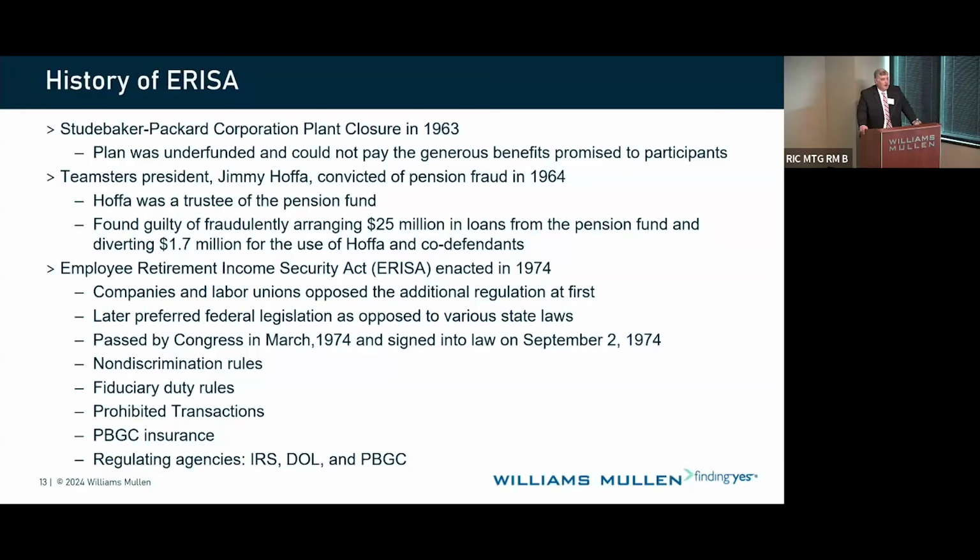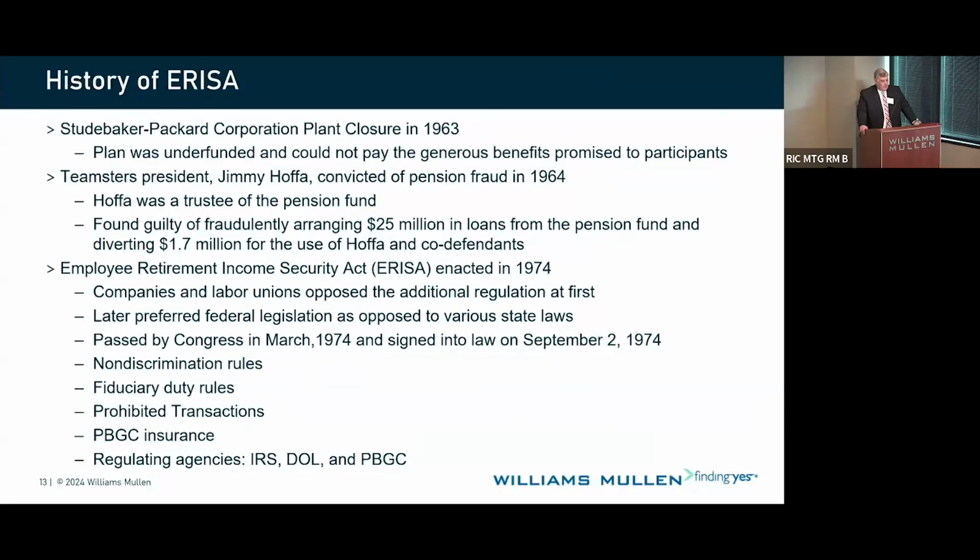So they ultimately came around and were in favor of ERISA, which, as we all know, has very sweeping preemption provisions. So part of the scheme under ERISA was we have a federal law that preempts any state law that relates to employee benefit plans. So that was kind of the deal: let's have one set of rules that apply nationwide and not have to comply with various state regulations.